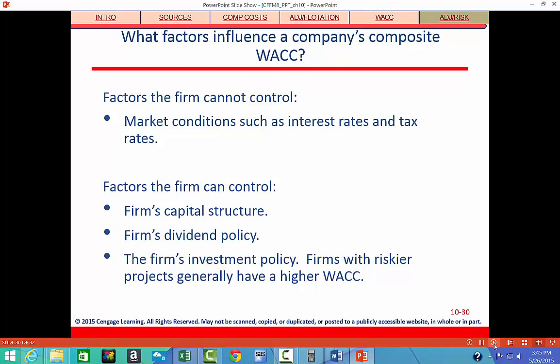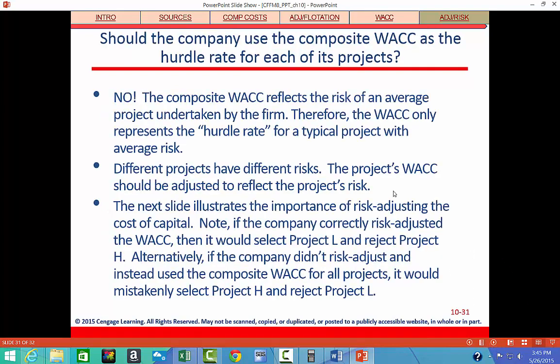So the next question is about that 11.1% that we got. That's the composite weighted average cost of capital. And the question is, should we use that 11.1% as the hurdle rate for each of its projects? And as you can see, the answer is no, because the 11.1% is representing the risk for an average project for the company.